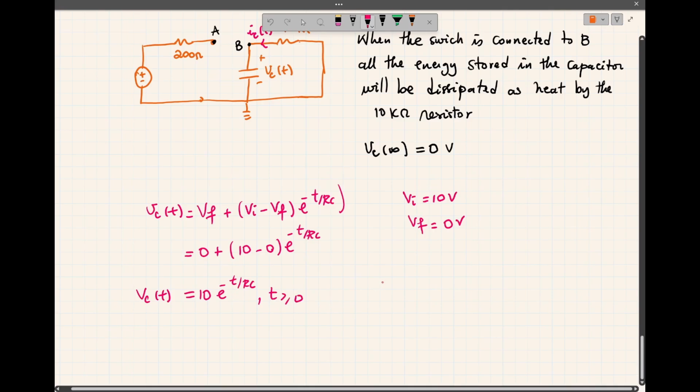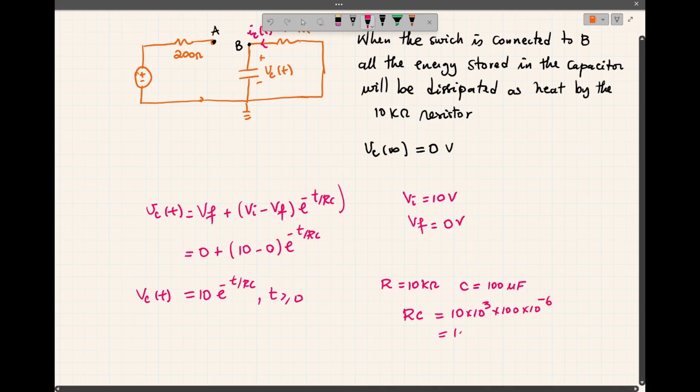Now we are told that R equal to 10 kilo ohms, C equals 100 microfarad. So RC is 10 times 10 to the 3 times 100 times 10 to the negative 6.